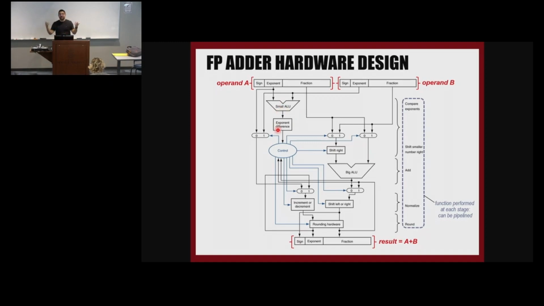It is basically doing an integer add or subtraction, and then we have a big ALU which is responsible for, again, the significand, the fraction part. So in a single precision floating point, we have 23 bits, plus the implicit one, so the significand is going to be 24 bits. So this ALU is a 24-bit ALU, and then we have an 8-bit ALU here. But then you can see the entire circuitry around the two, the rounding, and so on, the control circuitry.